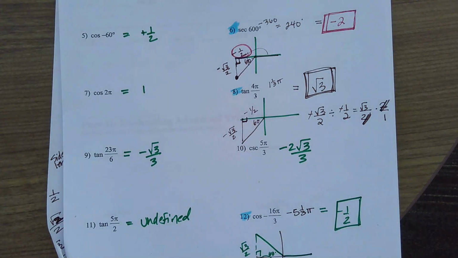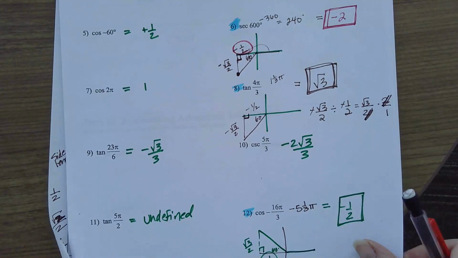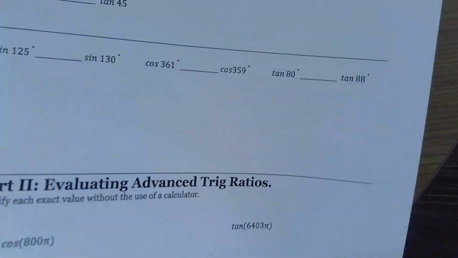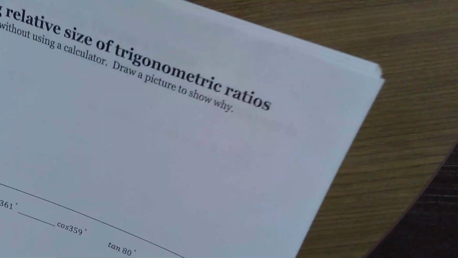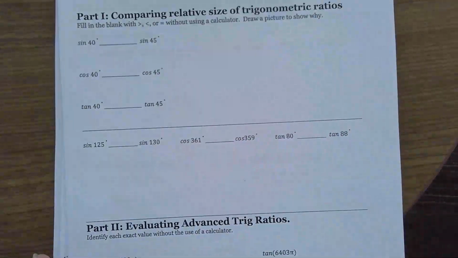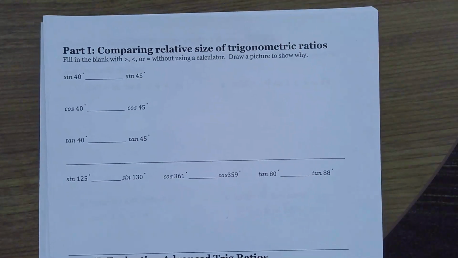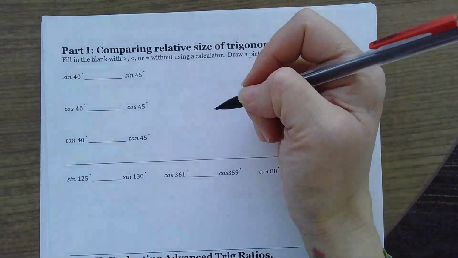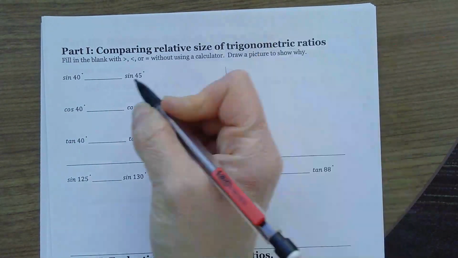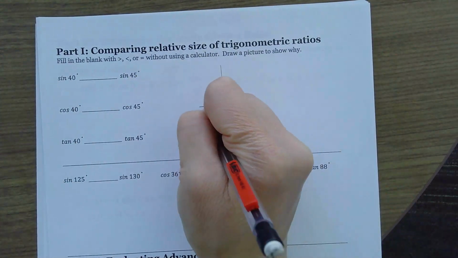I'm just going to go over this one last bit, and then we'll move on from there. All right, on this one, it says we're comparing the relative size of trig ratios. We're talking about 40-degree angles and 45-degree angles.